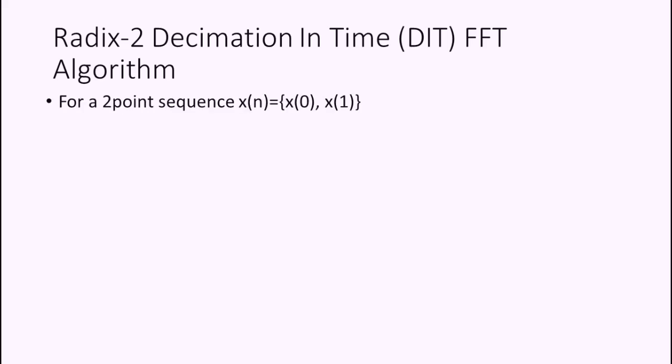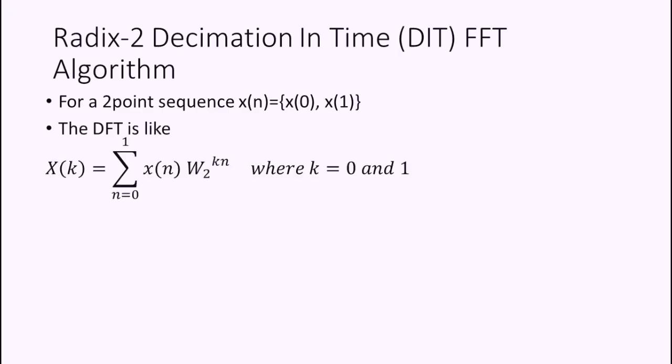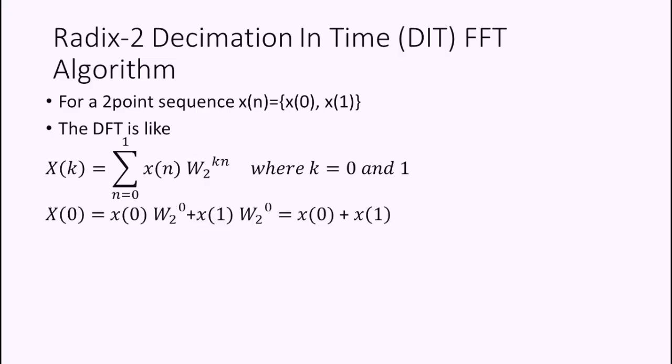For a 2-point sequence x[n] = x0, x1, the DFT is X[k] = summation for n equals 0 to 1 of x[n] W_2^(kn), where k is equal to 0 and 1. So capital X0 is equal to x0 W_2^0 plus x1 W_2^0. Here W_2^0 can be neglected as it is equal to 1.